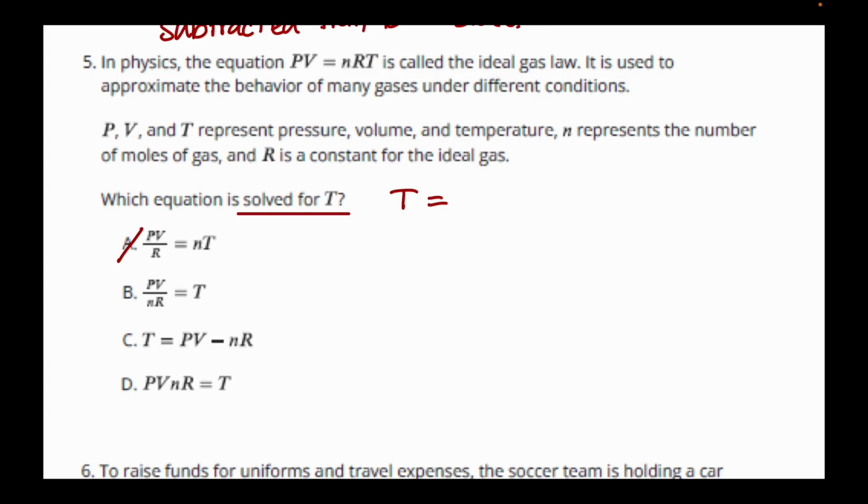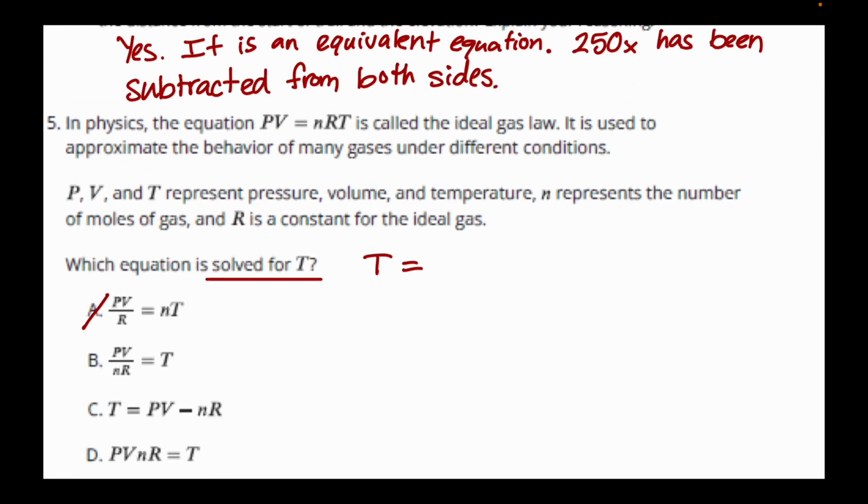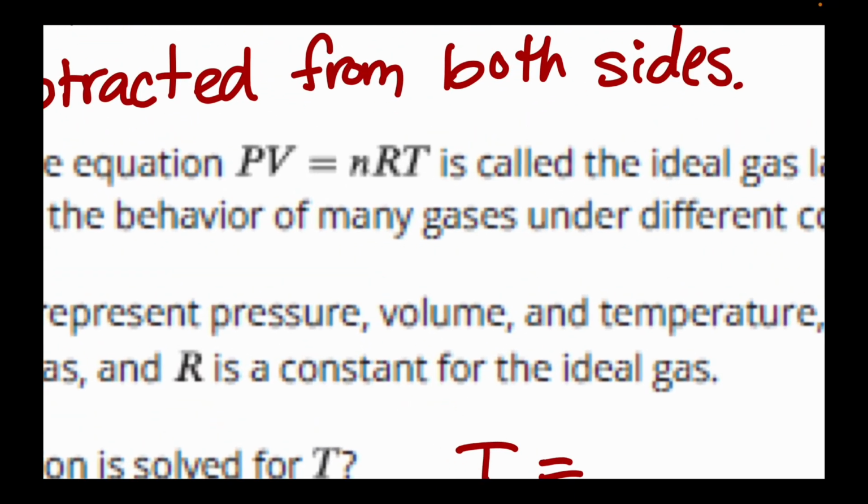Now the next 3 do all have T by itself, but we need to know which ones are accurate, which ones are true for solving this for T. So we're going to go back up here and look at this function. I want to point out that T is right here.